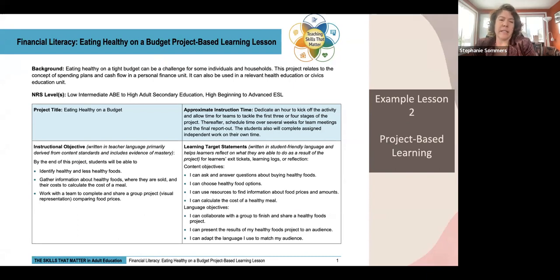And this lesson involves planning a healthy meal on a budget. One of the adaptations I've seen some ELL teachers make is they will implement this lesson maybe around a holiday, for example, and have students plan a holiday meal. And then they get to talk about the different foods maybe that are part of their culture for different types of celebrations.